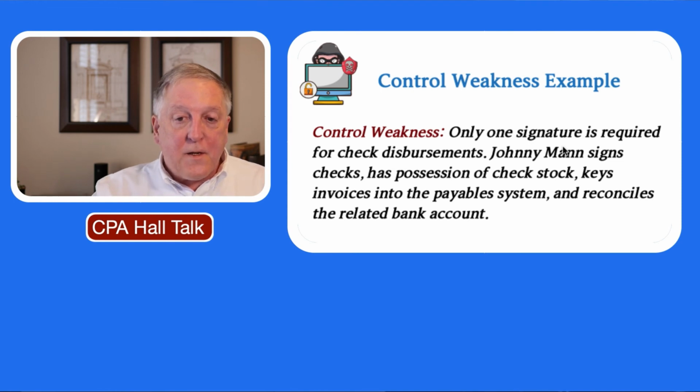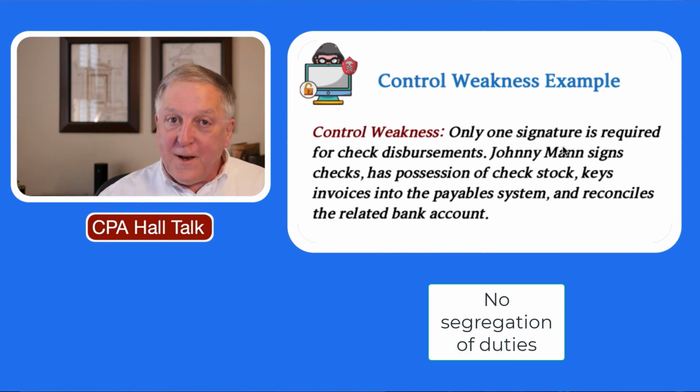So you see the example here, only one signature is required for check disbursements. Johnny Mann signs checks, has possession of the check stock, keys the invoices in the accounts payable system, and reconciles the related bank account. Not a good situation. Probably a material weakness.